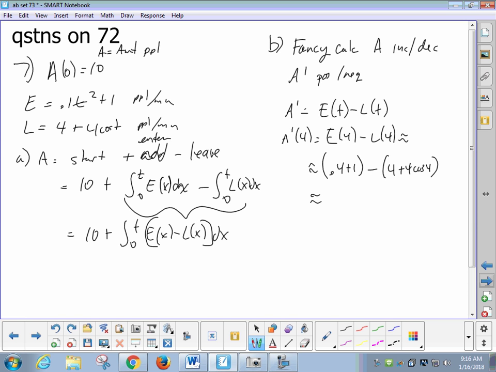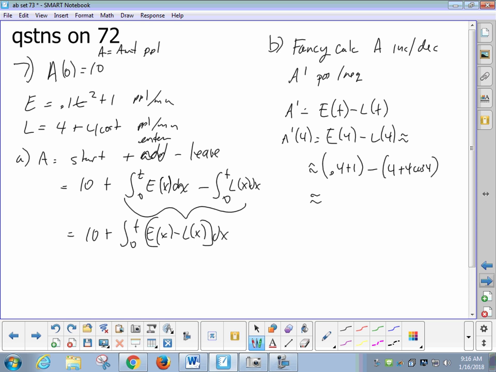Whatever that is, we're going to look at the sign. Does somebody have a number for that? Positive? Do you see that that's a problem? Negative? I got some negatives, some positives.